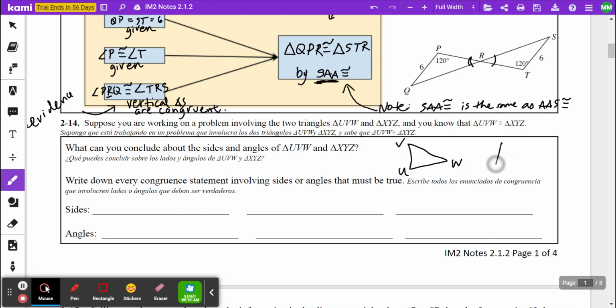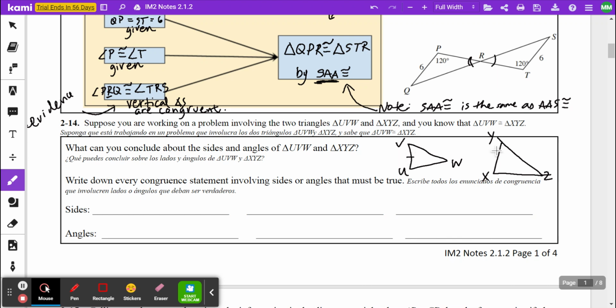Triangle UVW is congruent to triangle XYZ. Write down every congruence statement involving the sides or angles that have to be true. Okay, so for sides, we're going to go in sequence.